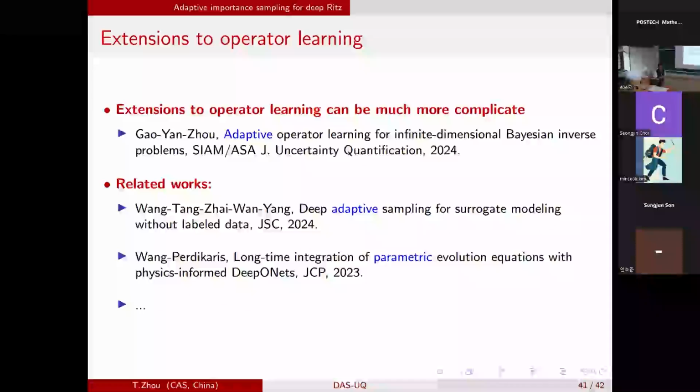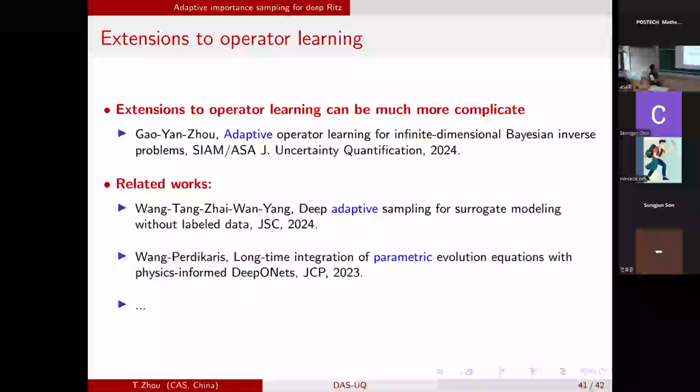This is exactly what I want to do for operator learning, but the model considered in this paper is a parametric model. I mean that the operator is not that complicated. It's just with a small number of parameters.